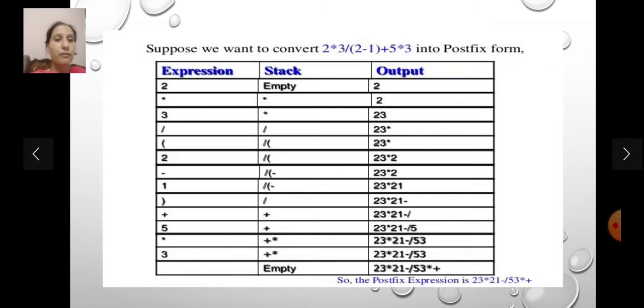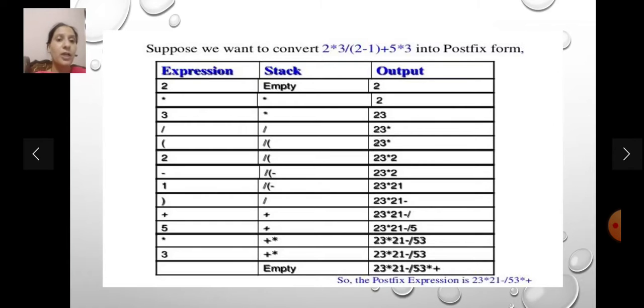Then we enter multiply, so in the stack we have plus multiply. Then we enter 3, and the output is 2 3 multiply 2 1 minus divide 5 3.